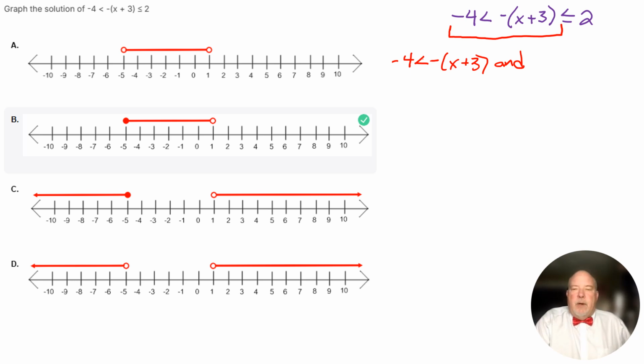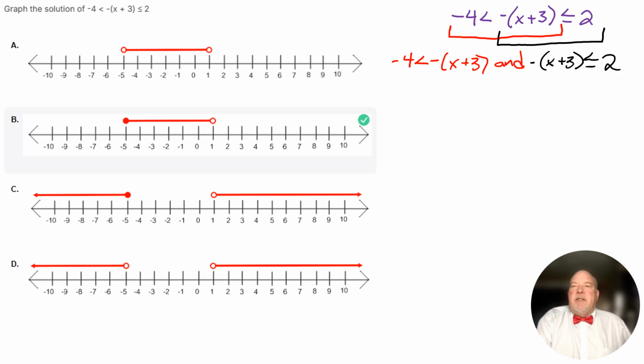And then the other one, let me change colors. The other one here is going to get split like this. Negative x plus 3 is part of both of these inequalities. So the other side here would be negative times x plus 3 is less than or equal to 2.